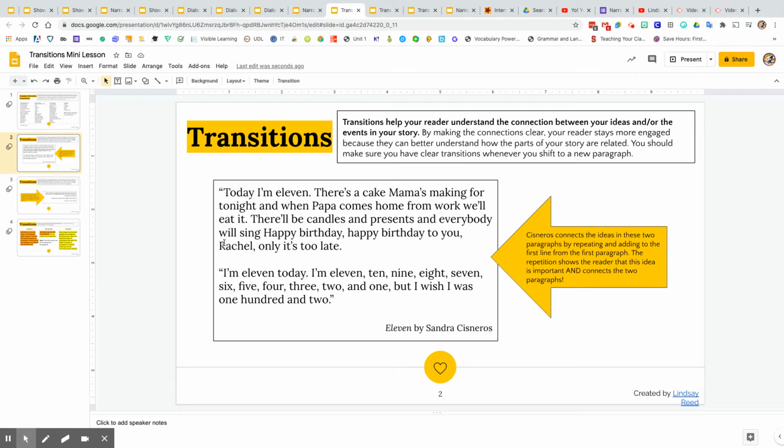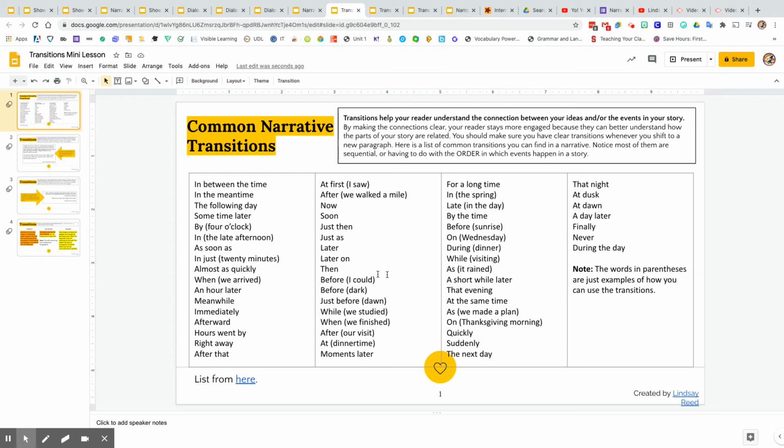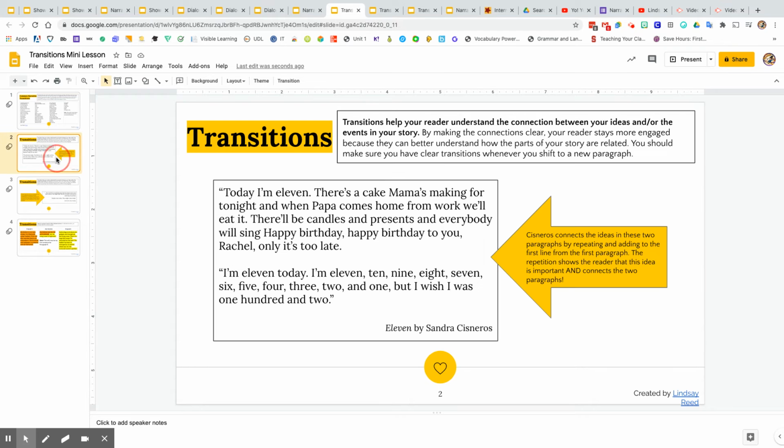So Sandra Cisneros did something a little bit different here. She didn't just use the sequential transitions that I had right there. Instead, she's connecting these two paragraphs by repeating this same idea. Today I'm 11. I'm 11 today, right?